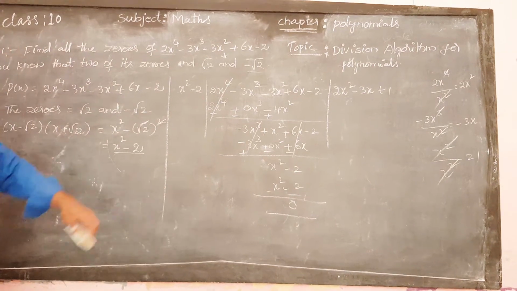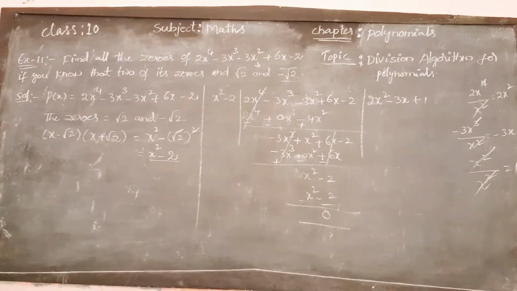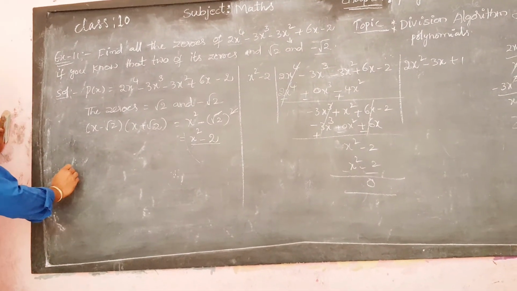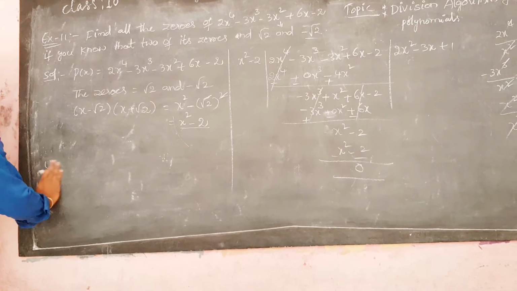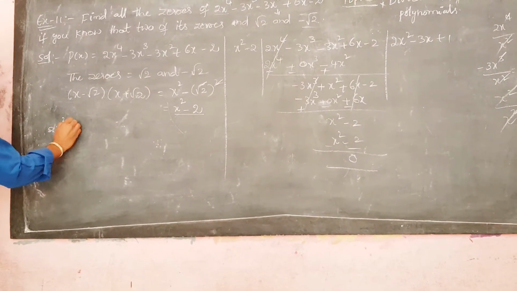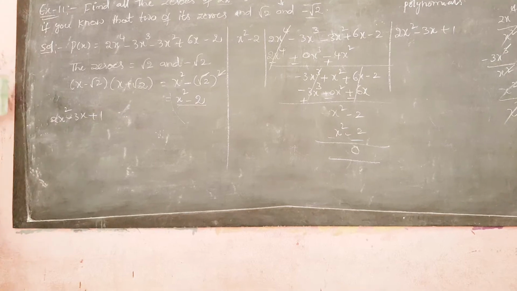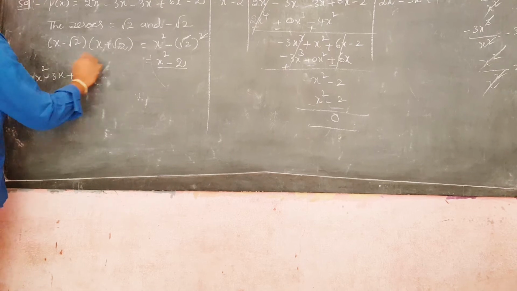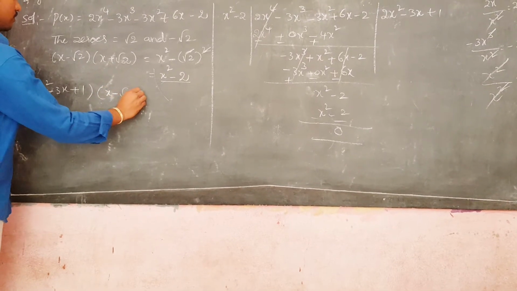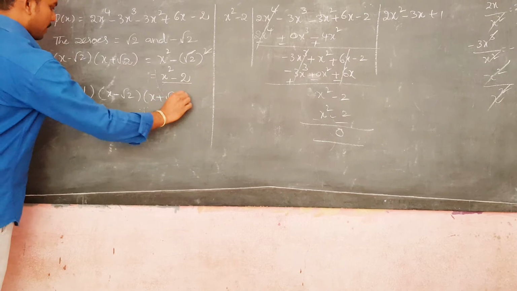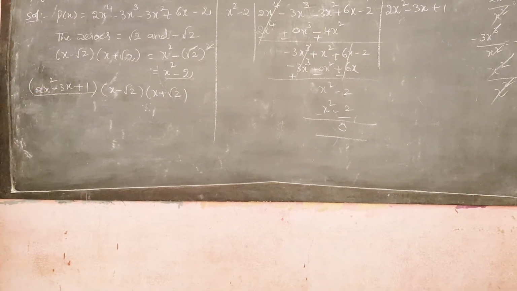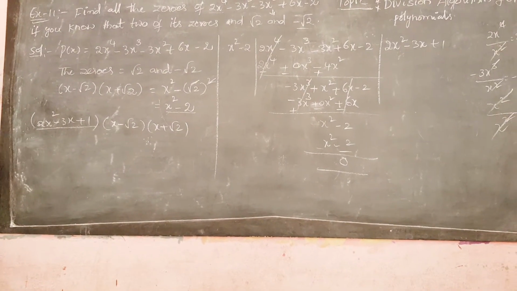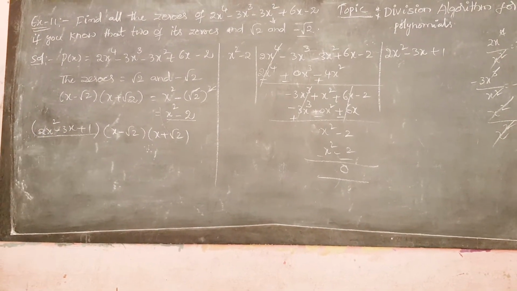So 2x square minus 3x plus 1 is the quotient, and the other zeros are from x minus root 2 into x plus root 2. So this is a quadratic polynomial. It can be written as a product of two factors, 2x square minus 3x plus 1.